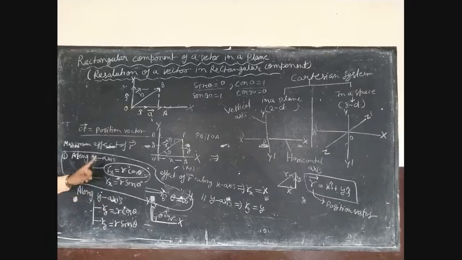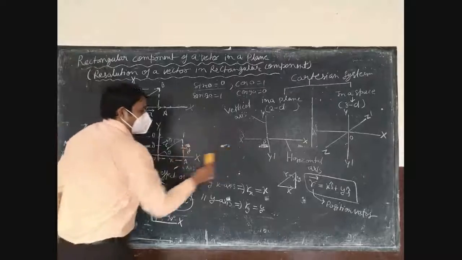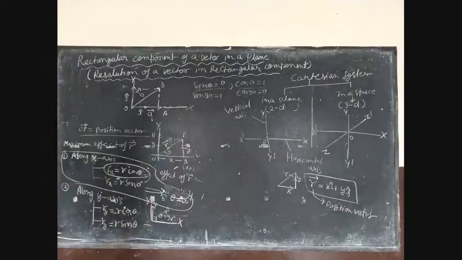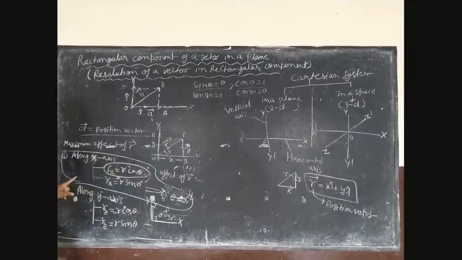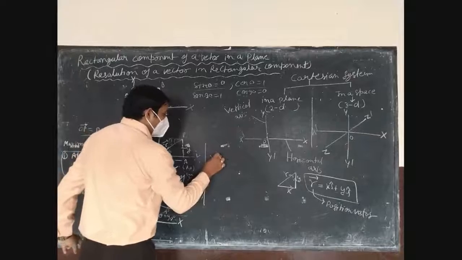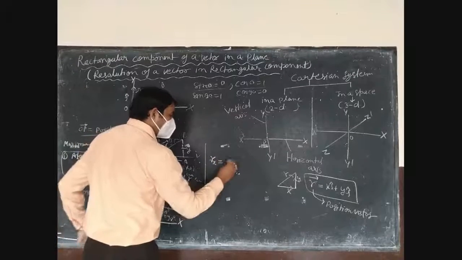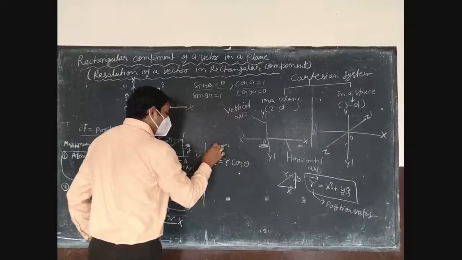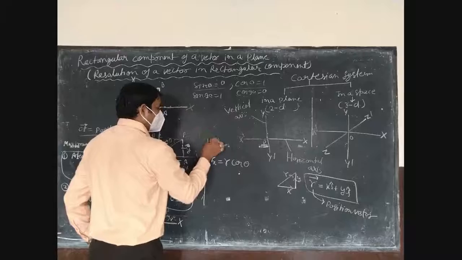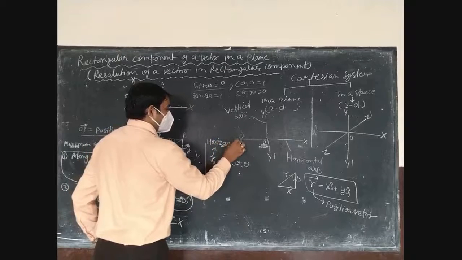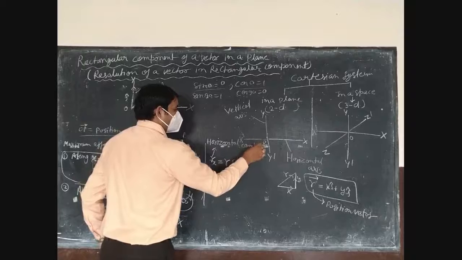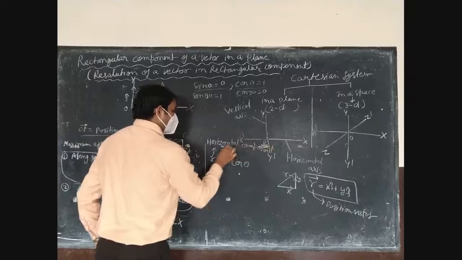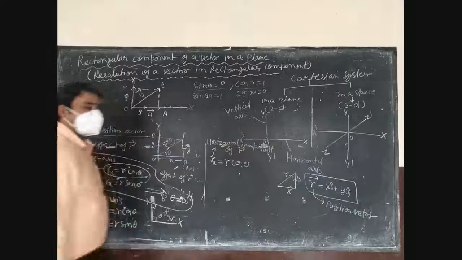This along R is called the horizontal component. I will write this here. From this observation we find that Rx equals R cos theta and it is called the horizontal component of vector R. Understood?